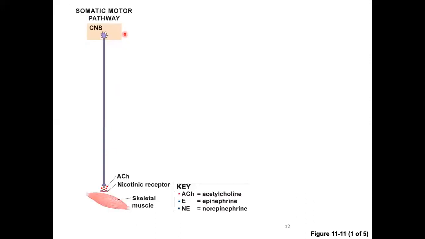Take a look at the pathway. Here's your cell body, which originates in the central nervous system, and the axon synapses with the skeletal muscle. That nerve, part of the somatic motor pathway, releases acetylcholine onto that synapse, and that acetylcholine is going to bind to nicotinic cholinergic receptors to excite skeletal muscle.